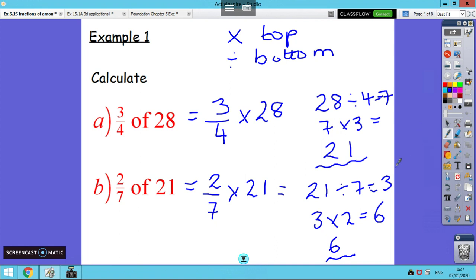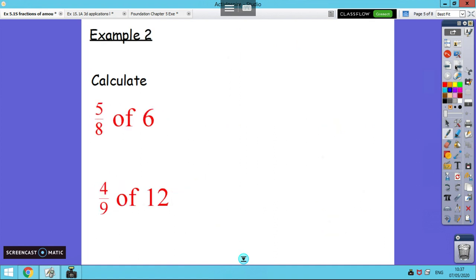Now we're going to do a couple more that are a little bit more complicated, I would say, because their answers aren't going to be whole numbers. They're going to be fractions, which is why I asked you to do that starter. So 5/8 of 6 and then 4/9 of 12.